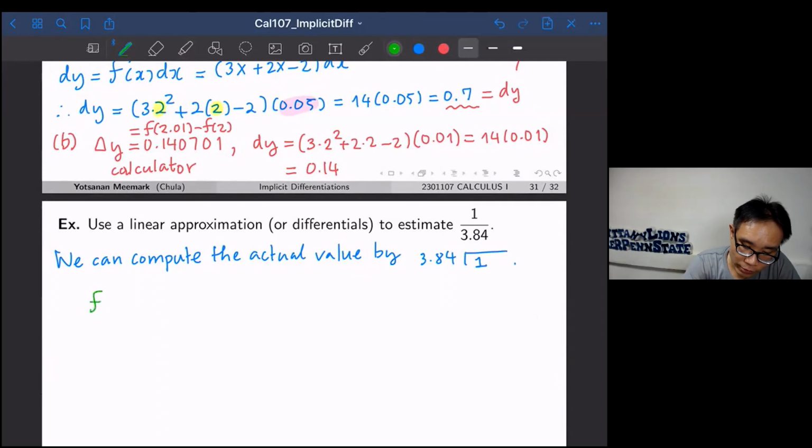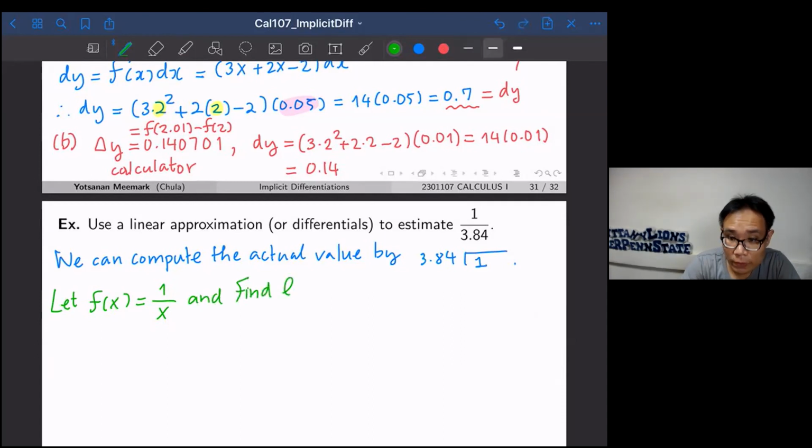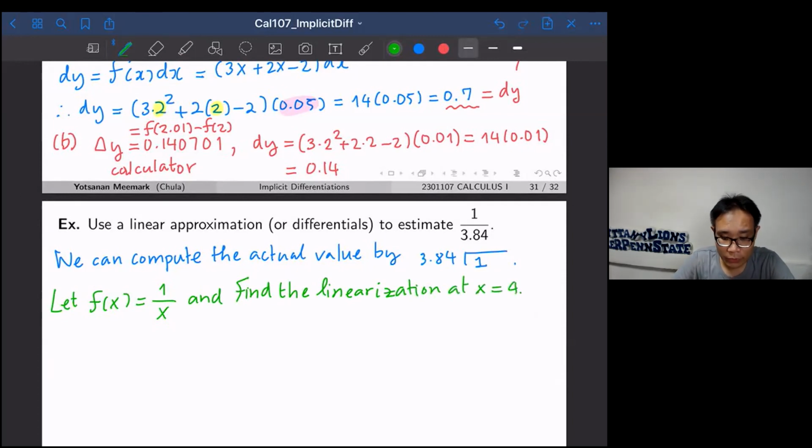So you just use f of x equal to 1 over x, and find the linearization at x equal to 4.